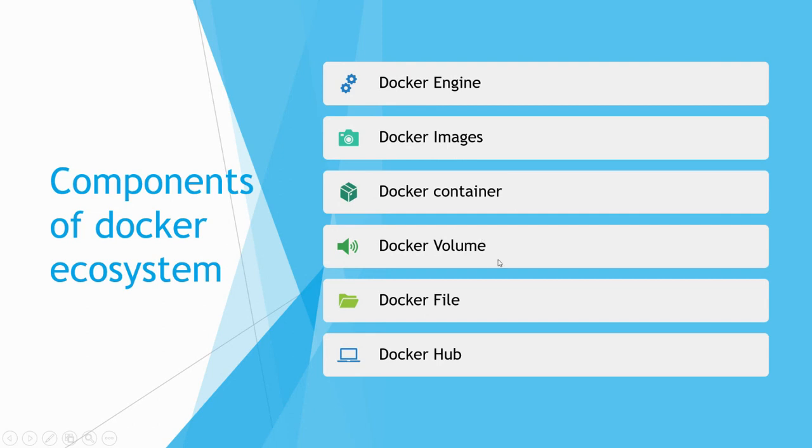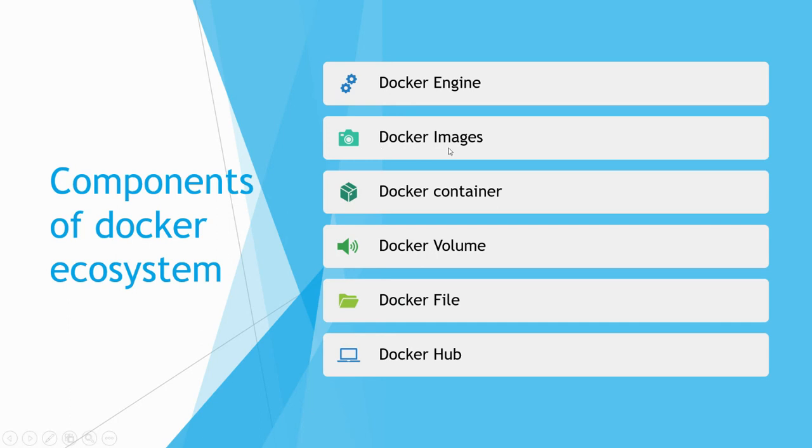And then volumes. We will see Docker volumes in the Docker 2 session. For now, just keep in mind that a Docker volume is a kind of storage space. And then we have something called a Dockerfile. A Dockerfile is a mechanism given by Docker where you can automate the building of Docker images.